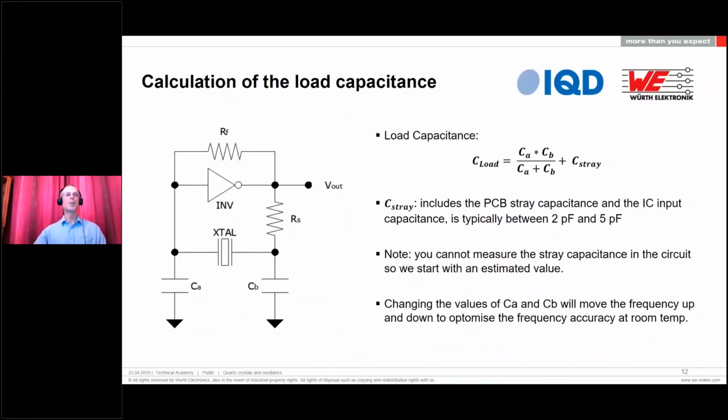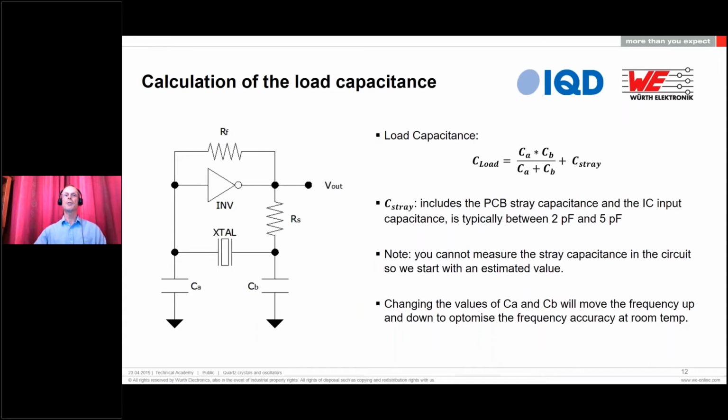Finally, we come to the last figure for a crystal, the load capacitance. And this is the one area which generally confuses the most people. The load capacitance really is the value of capacitance that the crystal wants to see in the oscillator circuit so that it's at its optimum frequency.